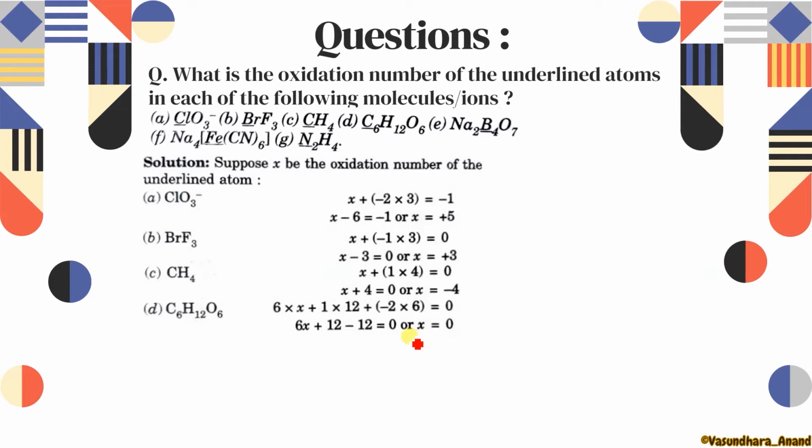Next question was Na2B4O7. In this case, we have to find the oxidation number of boron. Sodium is +1.